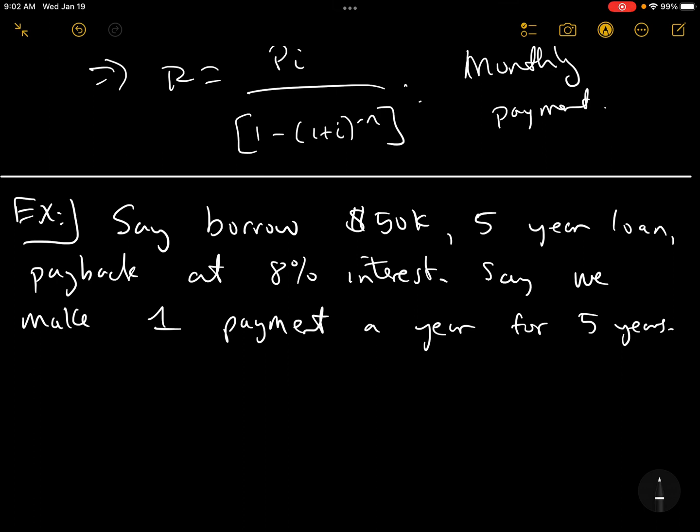And let's find what these payments are. Just to be clear, you borrowed $50,000. It's a 5-year loan that you have to pay back. You make one payment a year at the end of the year, and you're charged 8% interest on whatever your principal is.